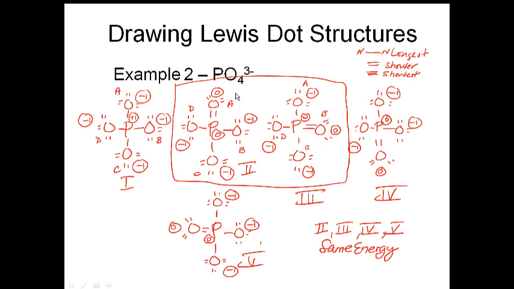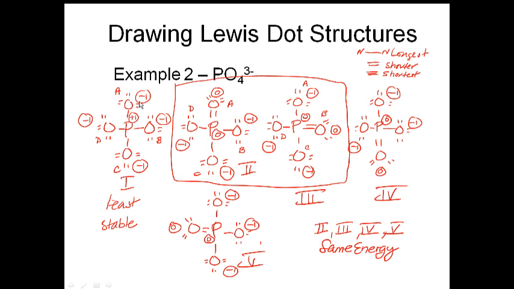Now, compare any of those to number 1. Are those structures more stable than number 1 or less stable than number 1? Number 1 is the least stable resonance structure. Why? Well, phosphorus still has a quote-unquote completed octet, but by it not expanding its octet, what happened?